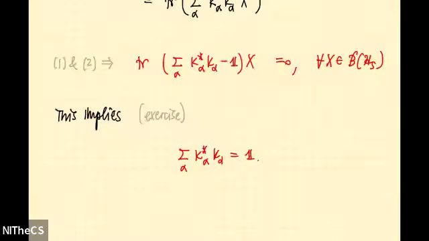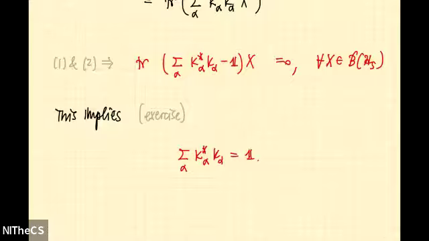for all X. Basically what I have here is one matrix, call it Y. Y times X, a product of two matrices. I take the trace and I get 0. This Y is fixed, but I get 0 no matter what X is. And if such a Y has the property that the trace of Y times X is equal to 0 for all X, this means that the matrix Y itself has to be the 0 matrix.